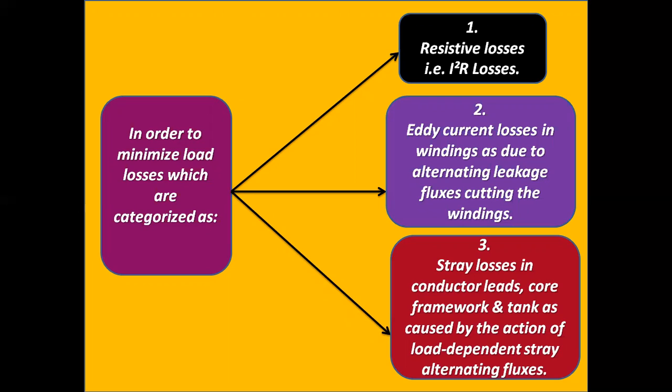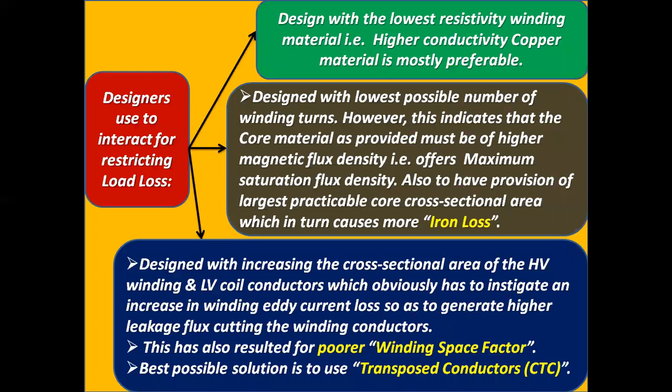Number three, stray losses in conductor leads, core framework, and tank caused by the action of load dependent stray alternating fluxes. Designers interact to restrict load losses.